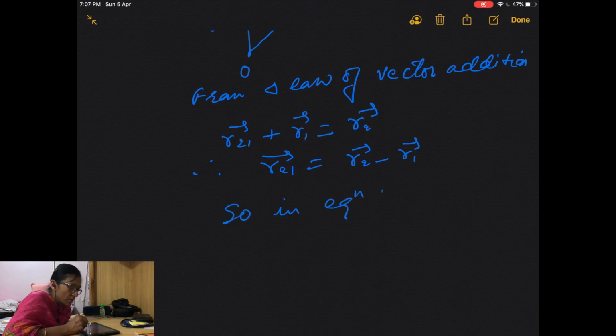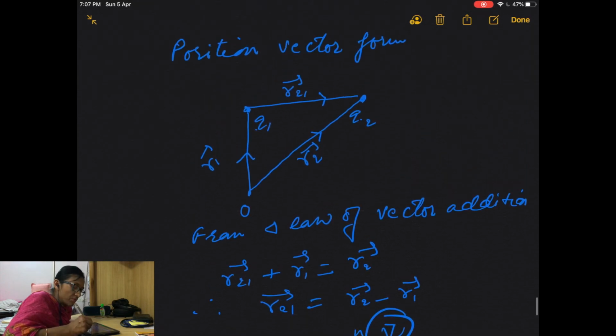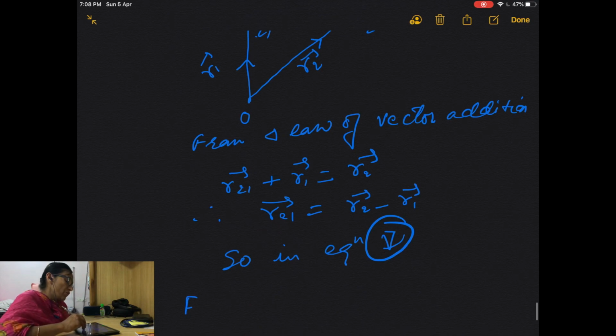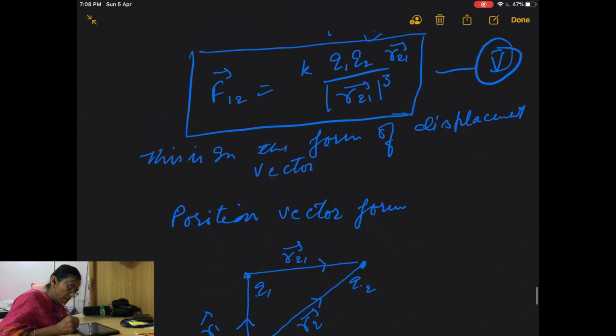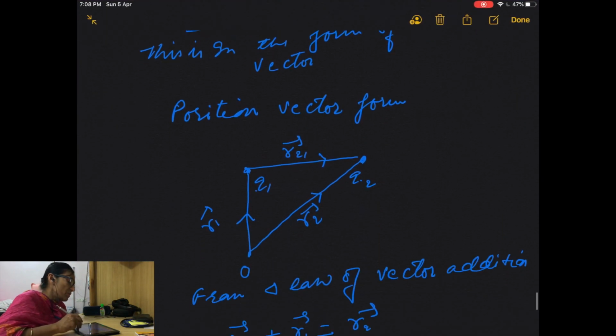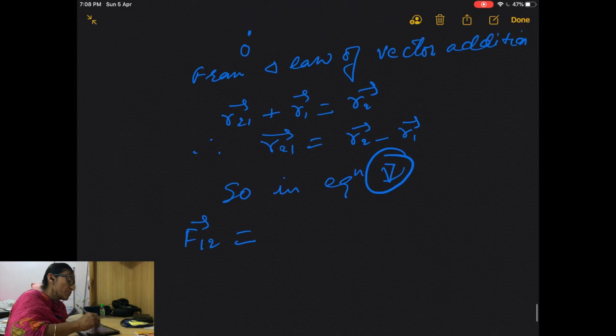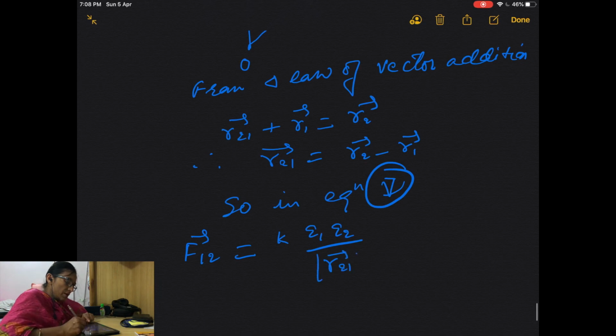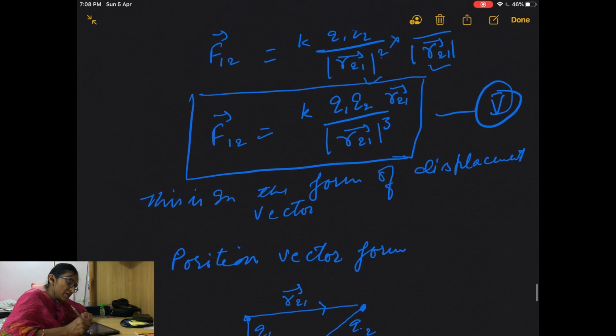So in equation 5, vector F12 is equal to K Q1 Q2 by modulus of R21 vector whole cube into displacement vector R21.